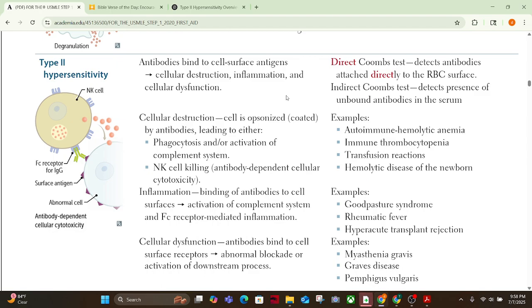So you can see it's antibodies against the cell surface of another cell. Okay.